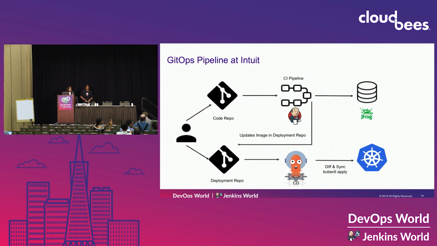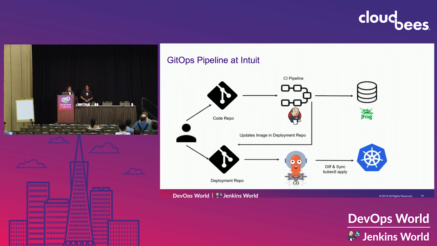The Jenkins CI pipeline builds the artifact, builds the image, pushes it to Artifactory. In our case, we use JFrog Artifactory. You might be using Docker Hub or something else. And then the CI pipeline also updates the image ID in the deployment repo to promote the image from environment to environment. That is the new step for implementing GitOps.